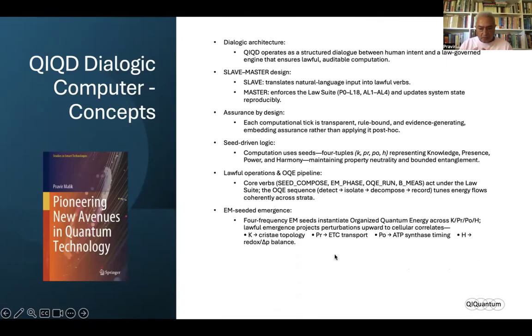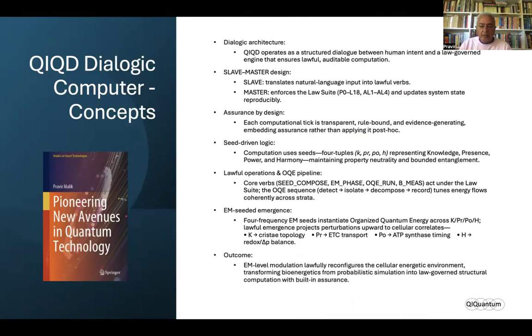And to summarize, we have a four-frequency electromagnetic seed. So this basically instantiates the organized quantum energy, which then has its fractal effect at a more sophisticated level of granularity.